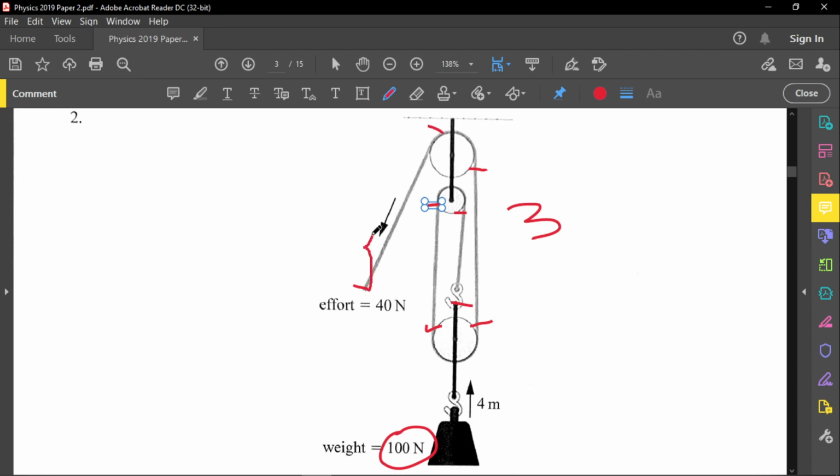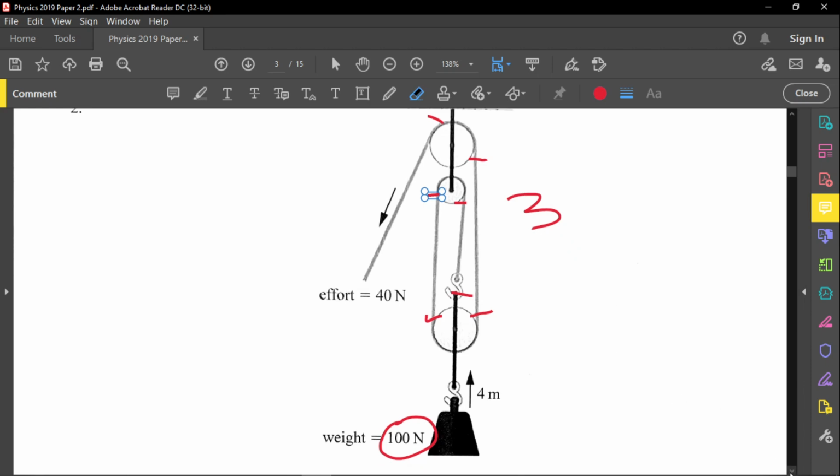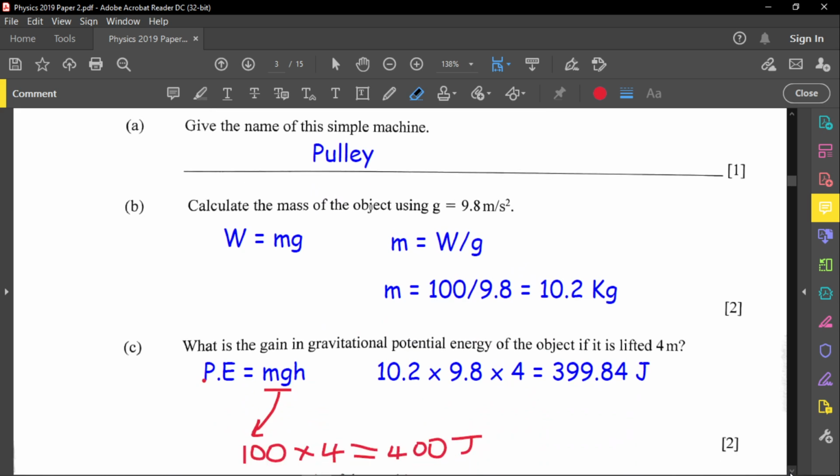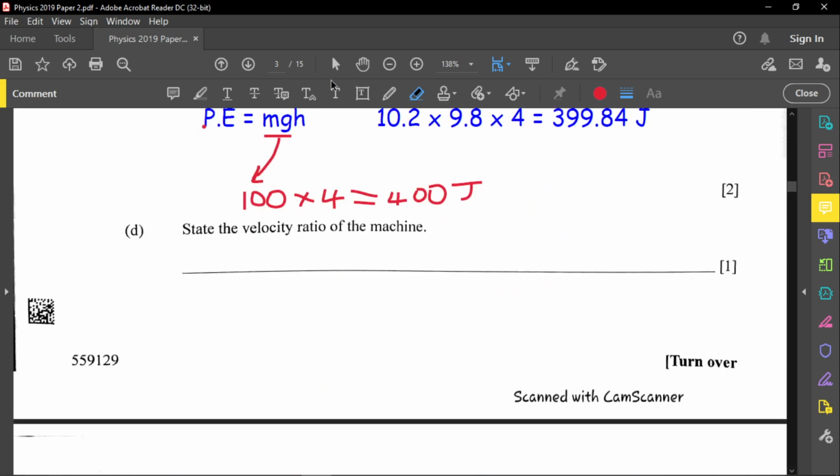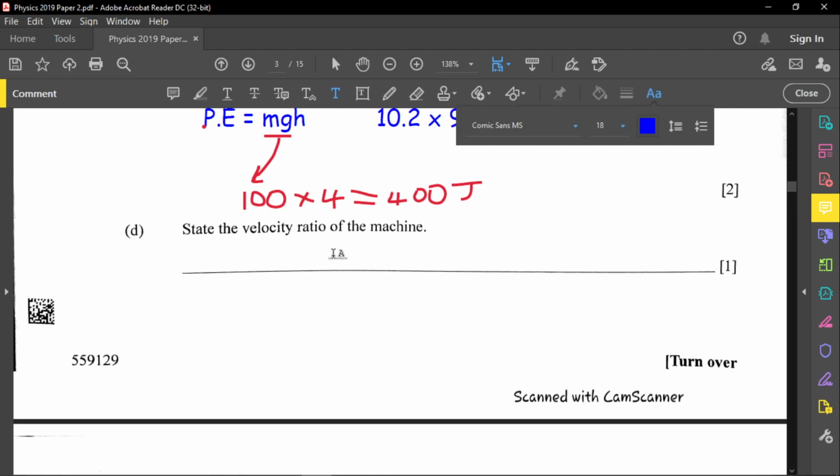And so the effort will have to move 3 times as much distance as the load itself. So because of further movement in terms of distance, 3 times in terms of ratio, we know our velocity ratio is 3. So 3 distance by the effort and 1 by the load. The velocity ratio is equal to 3.